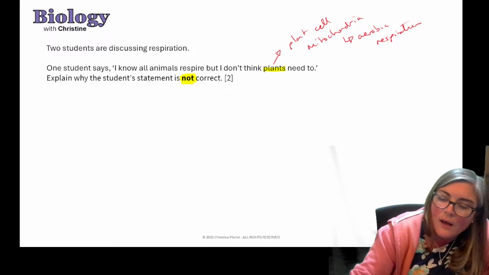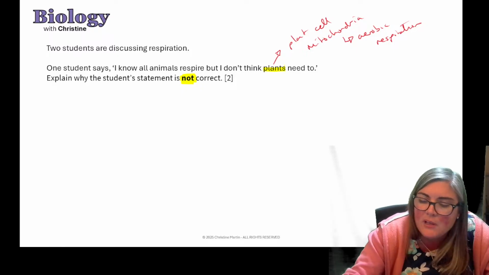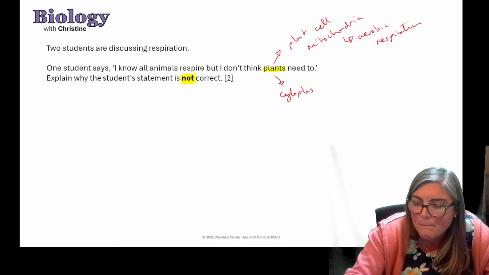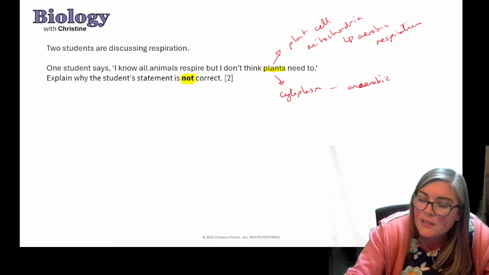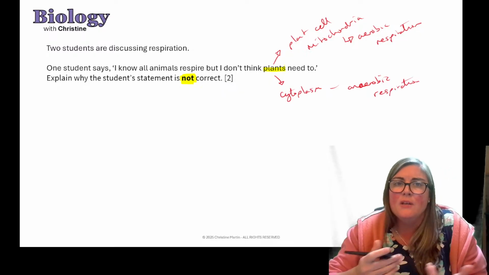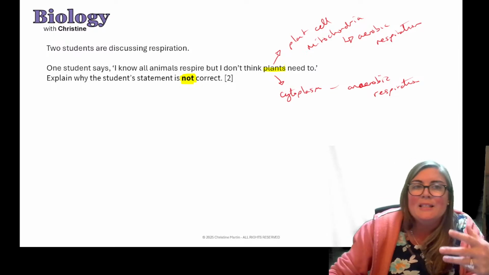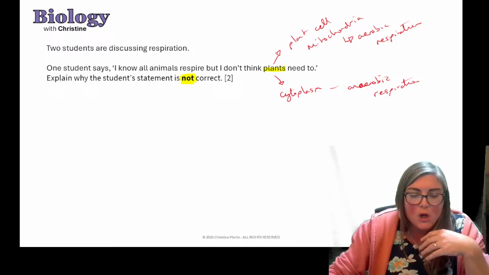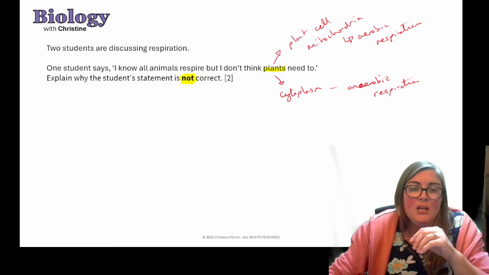So where does anaerobic respiration happen? Well, anaerobic respiration occurs in the cytoplasm. And because anaerobic respiration occurs here, that therefore tells us plant cells have cytoplasm. They also do anaerobic and aerobic respiration. So they actually will do respiration.